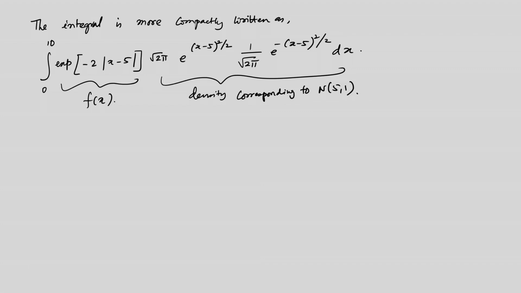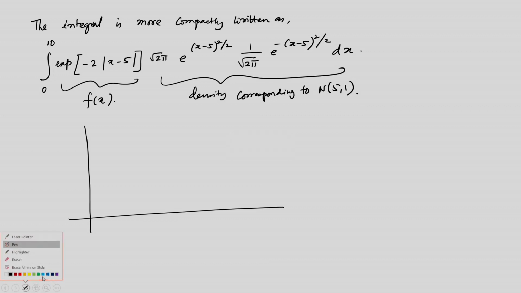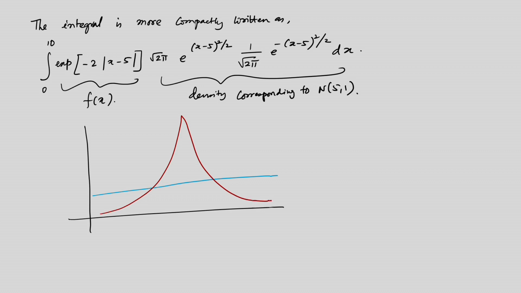So, let us plot this to have a more intuitive understanding. This is a plot of the integrand from a to b. Let us take a different color. This is the uniform distribution all throughout. It should have been slightly more rounded, but what is important here is the following.